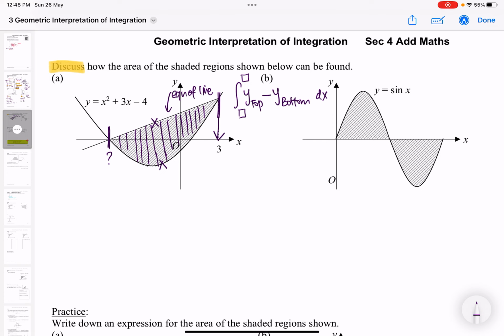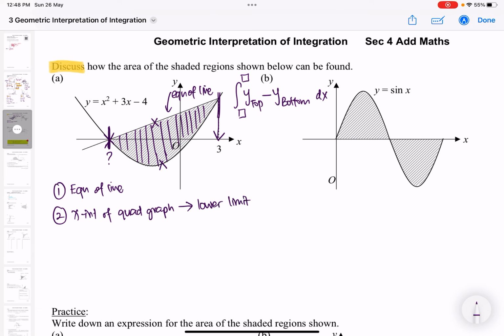So in other words, what are the few things I will need to find? I need to find the equation of line. Once I have found the equation of line, I will need to find the x-intercepts of the quadratic graph. Okay, you can see that this point here is actually the x-intercept of the quadratic graph. So if I find the x-intercept of the quadratic graph, this will tell me what is the lower limit.